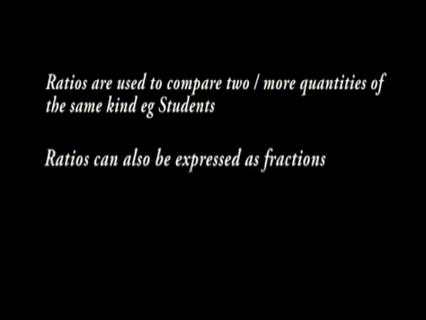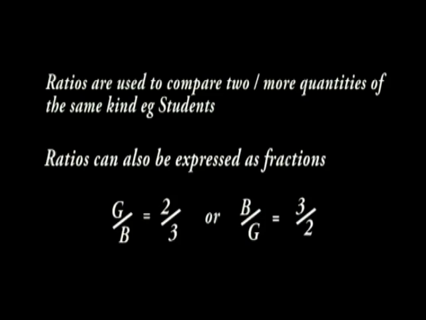Ratios are used to compare 2 or more quantities of the same kind, e.g., students. Ratios can also be expressed as fractions. That is, G over B is equal to 2 over 3, or B over G is equal to 3 over 2.